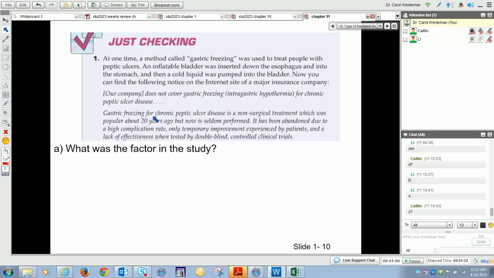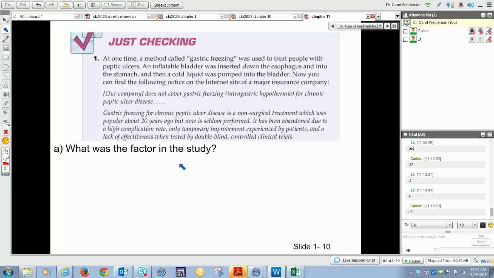Gastric freezing for chronic peptic ulcer disease is a non-surgical treatment which was popular about 20 years ago, but now is seldom performed. It has been abandoned due to a high complication rate, only temporary improvement experienced by patients, and a lack of effectiveness when tested by double-blind controlled clinical trials.